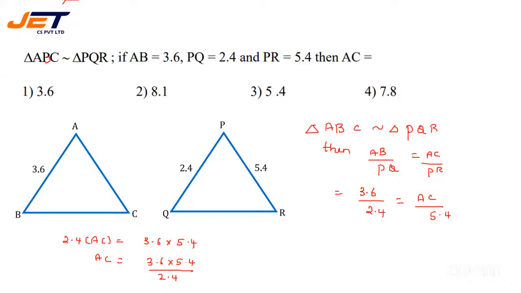So if you solve it using the calculator or by proper multiplication, your answer would be 8.1, which is option 2. Okay, right. So this is similar triangles that we must know. Let's see the answer. Yes. If you had opted for option 2, then your answer is right.